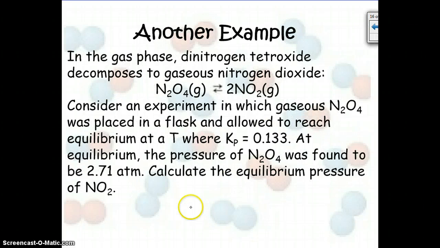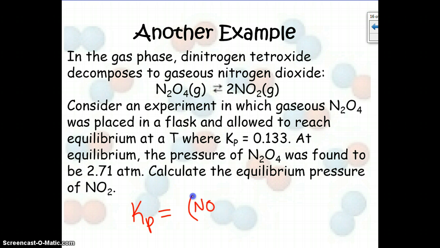Here's an example problem in which you have this equation, and it gives us Kp and the pressure of N2O4 at equilibrium, and wants the pressure of NO2 at equilibrium. So we could simply set up our partial pressure equation for the equilibrium constant.